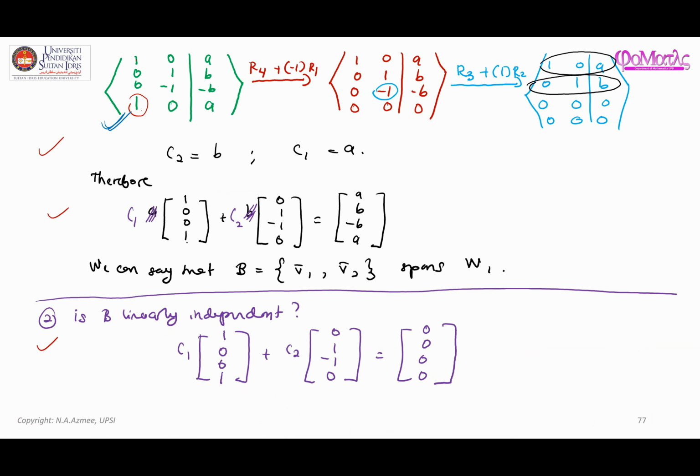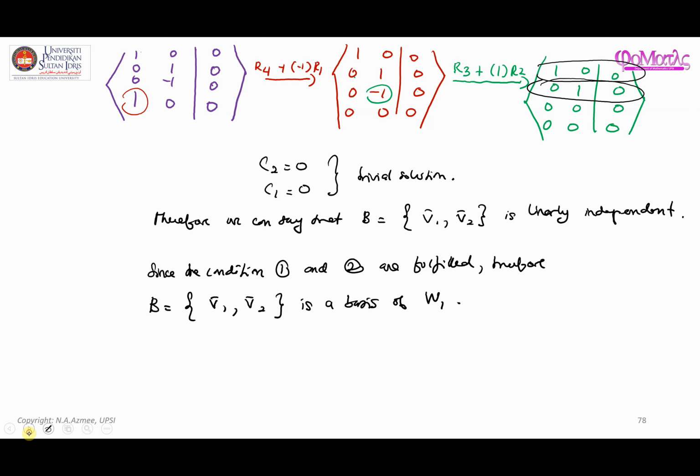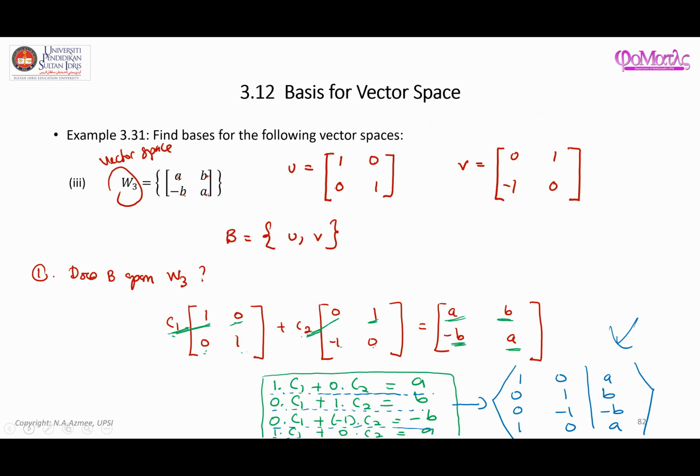Okay, so if you do all the elementary row operations, you will come to the same conclusion. Let's say you do the elementary row operations, and you will end up having the results looking like this: 1, 0, A, 0, 1, B, 0, 0, 0, 0, 0, 0.